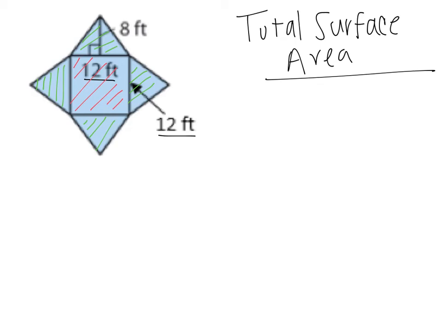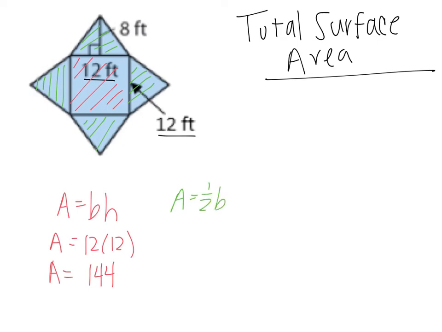Alright, so my base right here is a square, so I have base times height, area equals 12 times 12, and area equals 144. Now with the triangles, remember your formula. Area equals 1/2 base times height. Area equals 1/2. Our base is 12 because it sits right here on this 12 mark, so those are all of our bases, times 8.